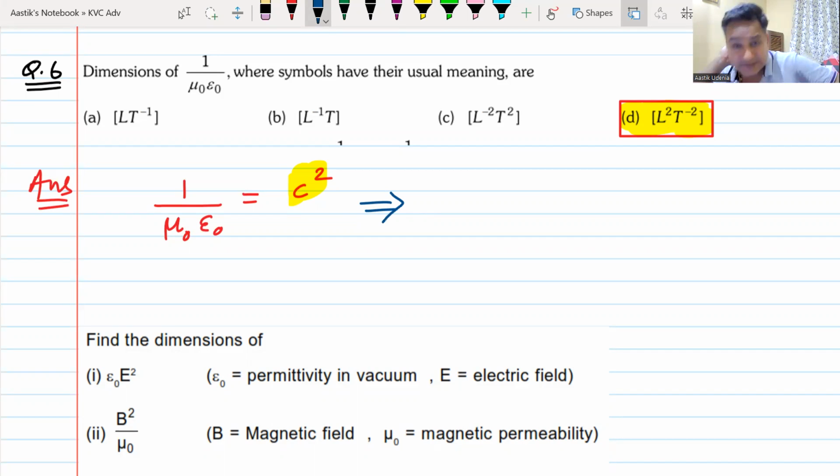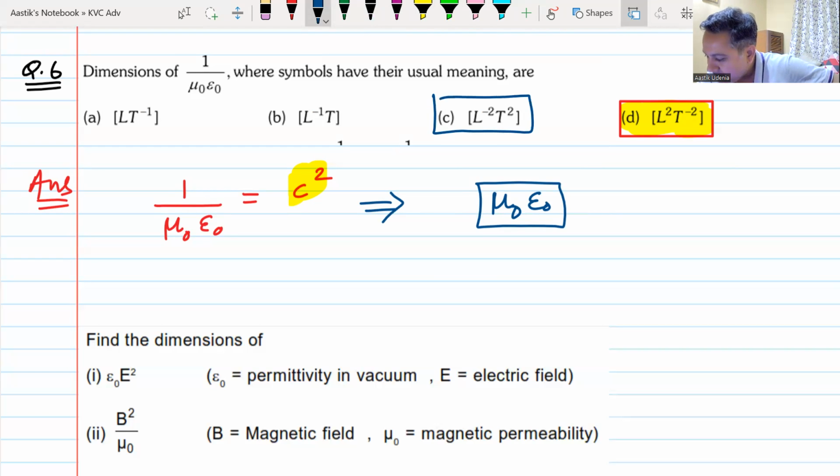So the answer is D. Most of the time they ask you the dimension of mu naught into epsilon naught, and then the answer would have been E. So read the question very carefully, because they will give you both options, so that if you miss that simple thing, you are gone.